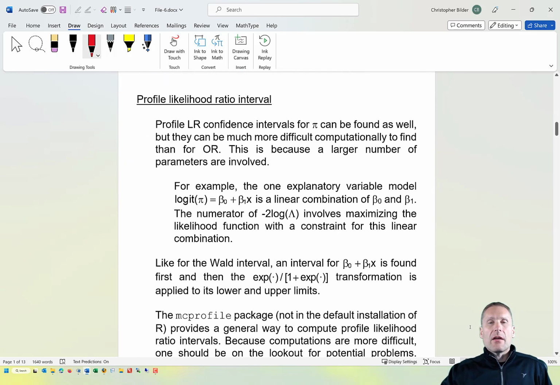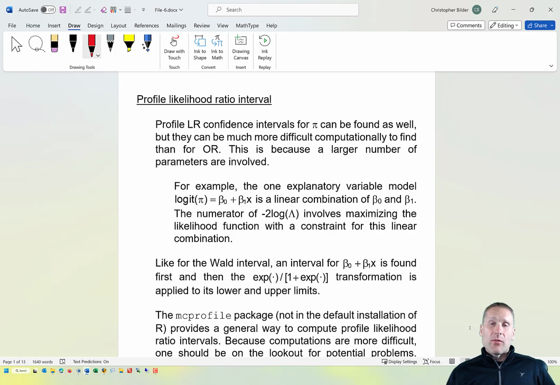Okay. So these Wald confidence intervals work pretty good in this situation because we have this nice little transformation that we're working with. A better interval, though, to work with is a profile likelihood ratio confidence interval for pi instead. Now, we've seen profile likelihood ratio intervals before for an odds ratio.